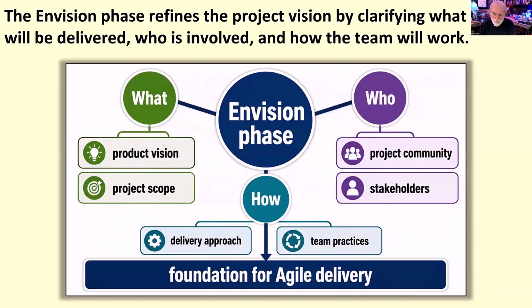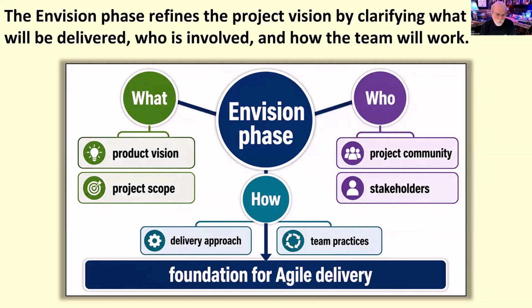So the purpose of the Envision phase is that it refines the project vision by clarifying what will be delivered, who's involved, and how the team will work. It helps us move from the general idea of the project to a clearer, more agile project direction.